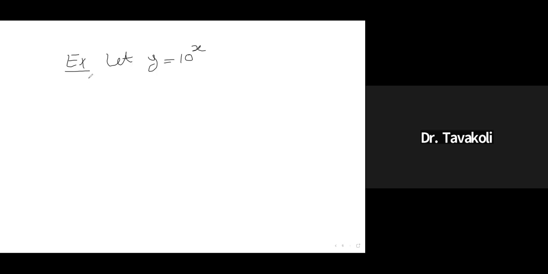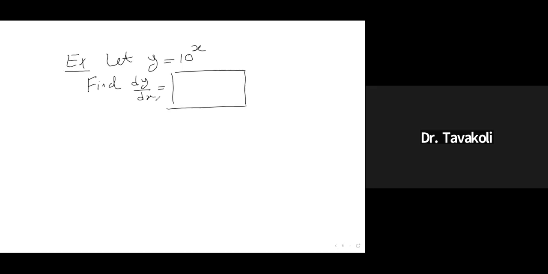Now I want to find the derivative of y with respect to x. We know how to deal with e to the x. The derivative of e to the x is e to the x, but not when the base is 10.